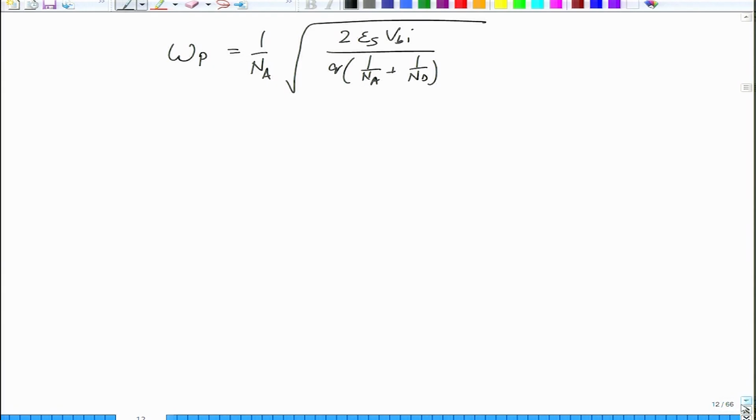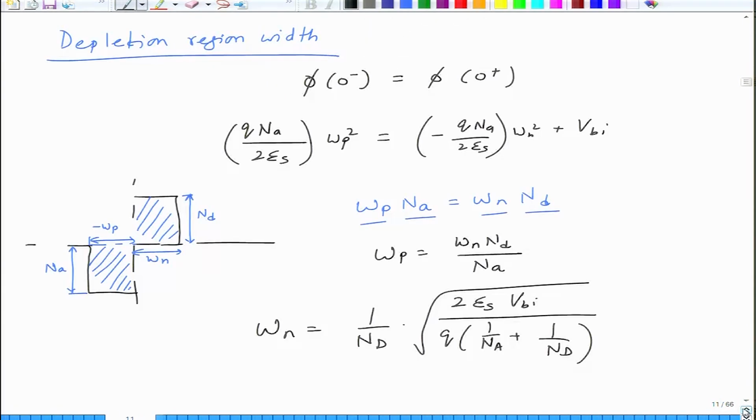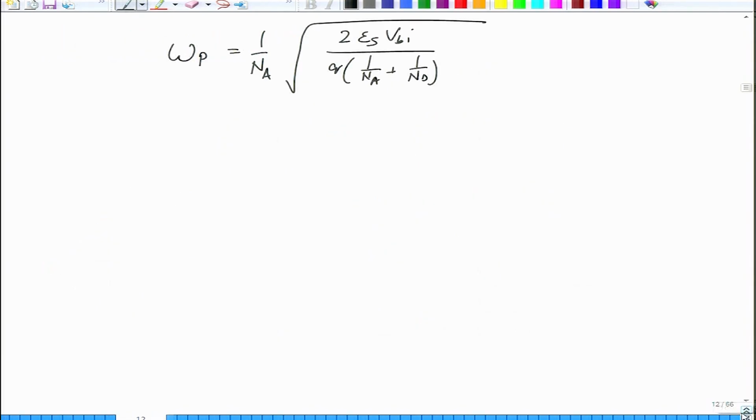So, this is Wn and this is Wp. You use these two equations to find out what is Wn and what is Wp, okay. In terms of donor concentration, acceptor concentration, Vbi and electric constant, okay.